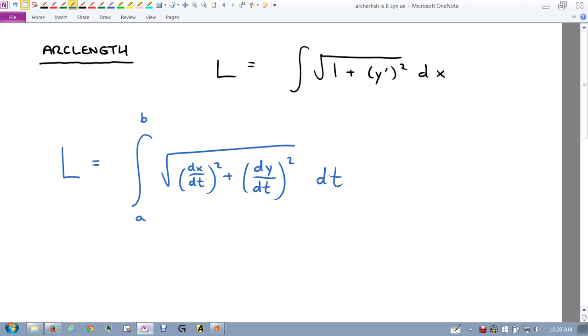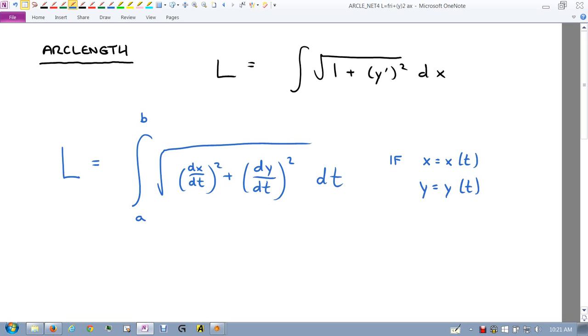And this is, again, making sure you understand, if x equals x of t, y equals y of t, so we are dealing with the parametric curve, and we are on some interval of time like this.